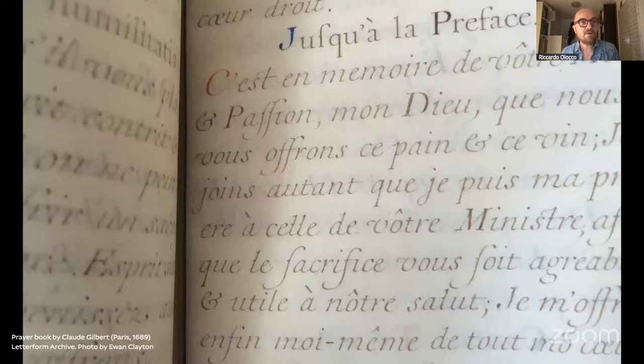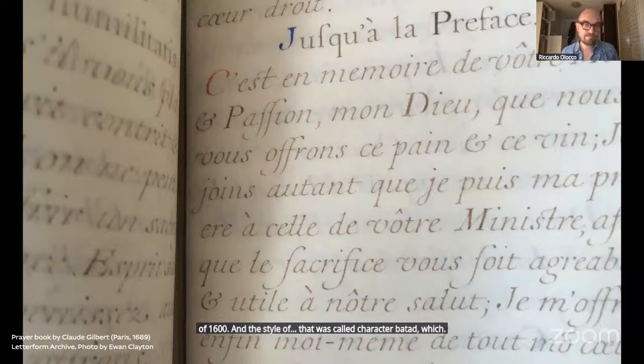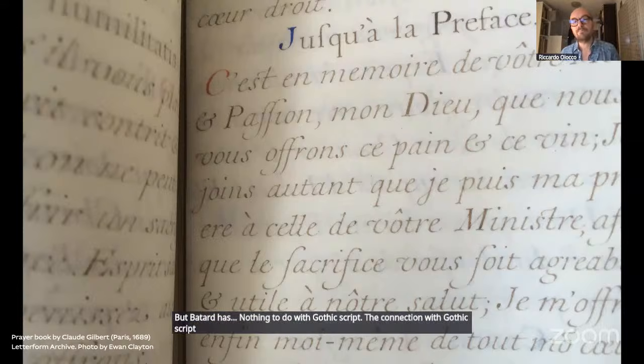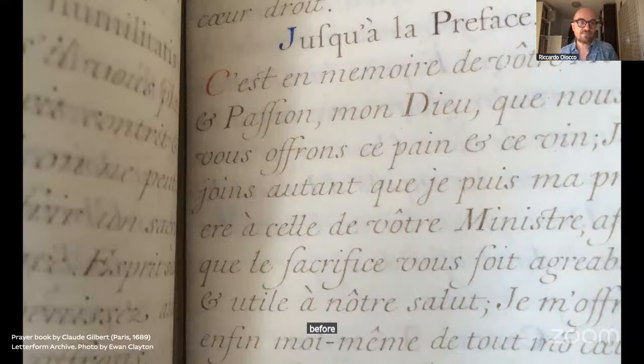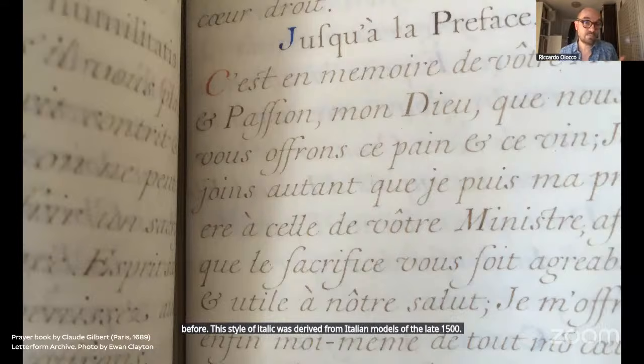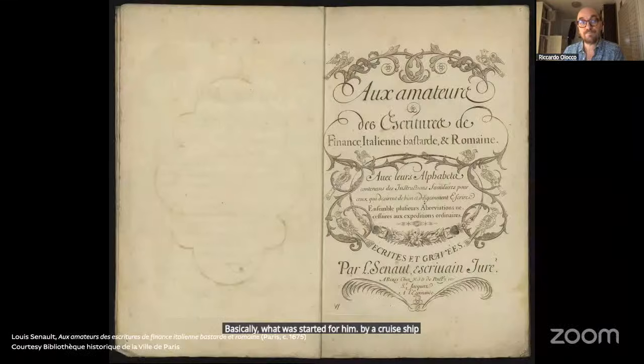The style was called caractère bâtard, which has nothing to do with Gothic script. The connection with Gothic script had disappeared before. This style of italic was derived from the Italian models of the late 1500s, basically what was started by Cresci.